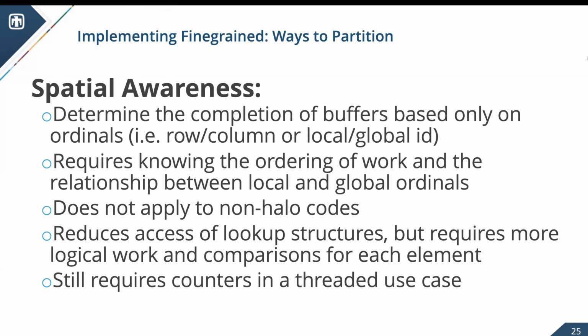That being said, if you have this ability, it can be nice because it can potentially dramatically reduce accesses of lookup structures, as we'll see in the next scenario. But it does require a lot more logical work and a fair number of comparisons for each element.